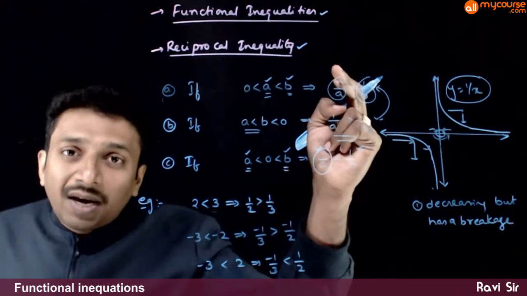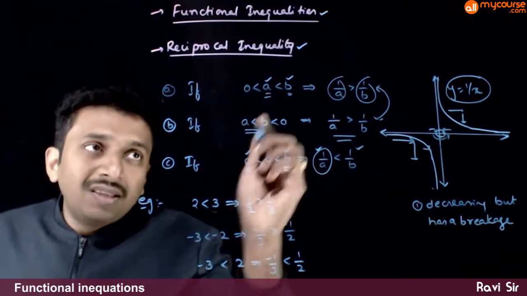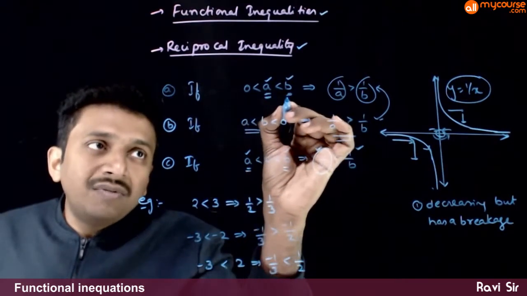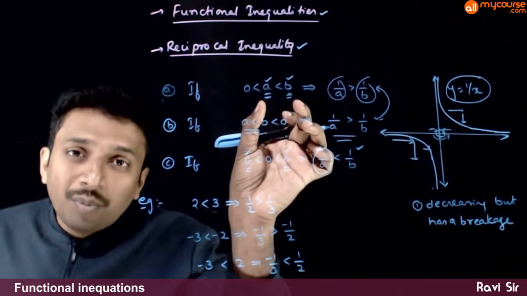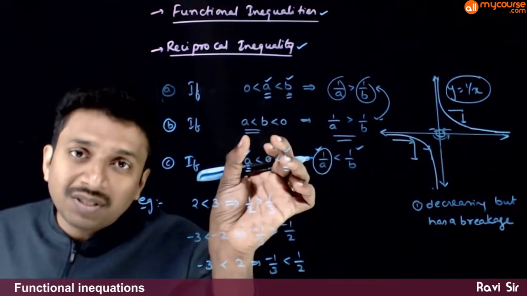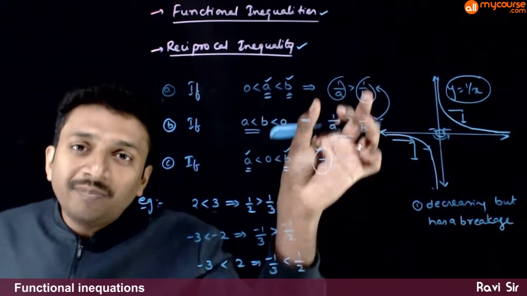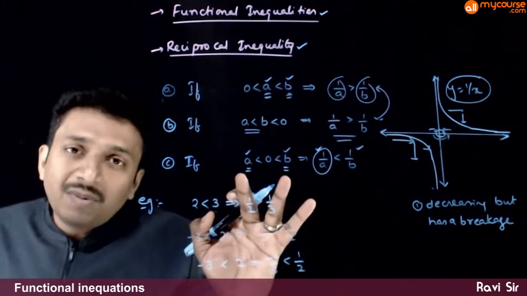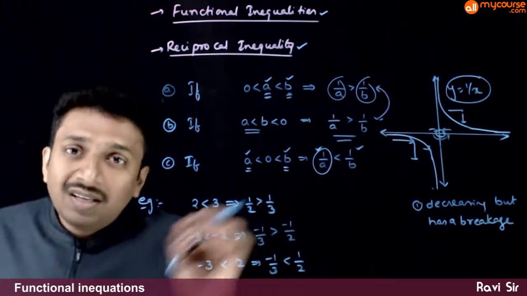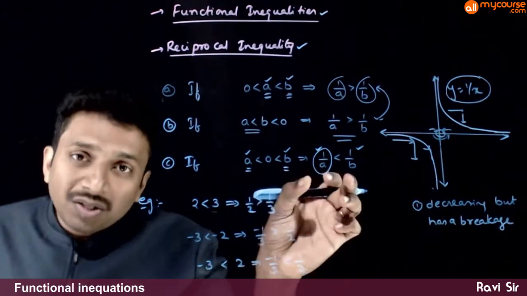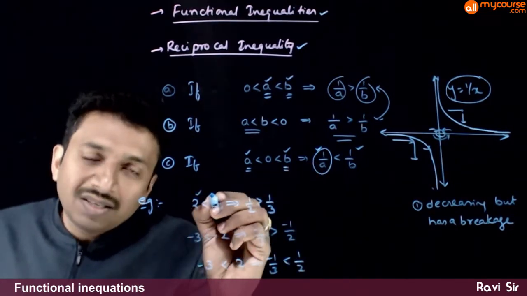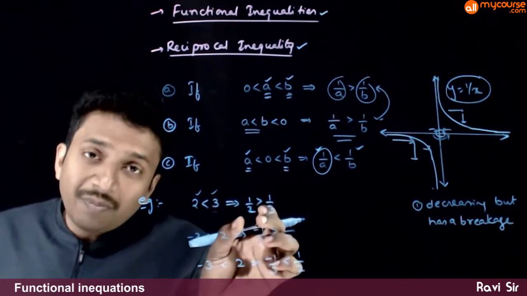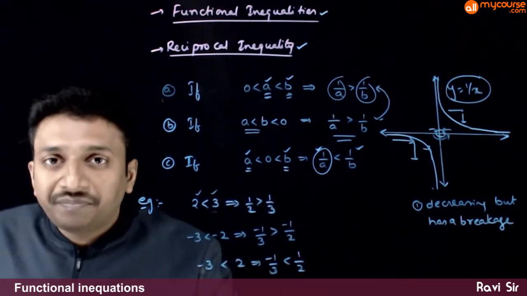So when you are doing reciprocal, make sure that you see the signs of the numbers that you are reciprocating. If both the numbers are positive or both the numbers are negative, then reciprocal changes the sign. If one of them is positive and the other is negative, then the sign of the inequality does not change on reciprocating. For example, 2 is less than 3, this implies 1 by 2 will be greater than 1 by 3.